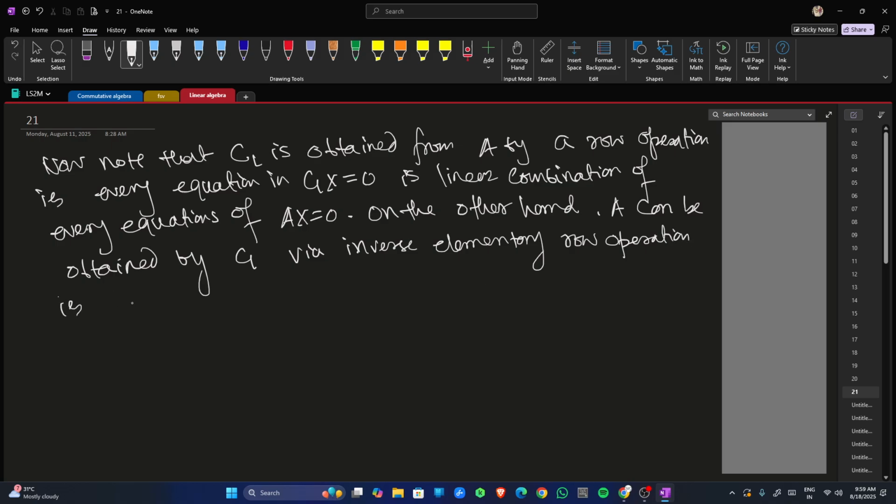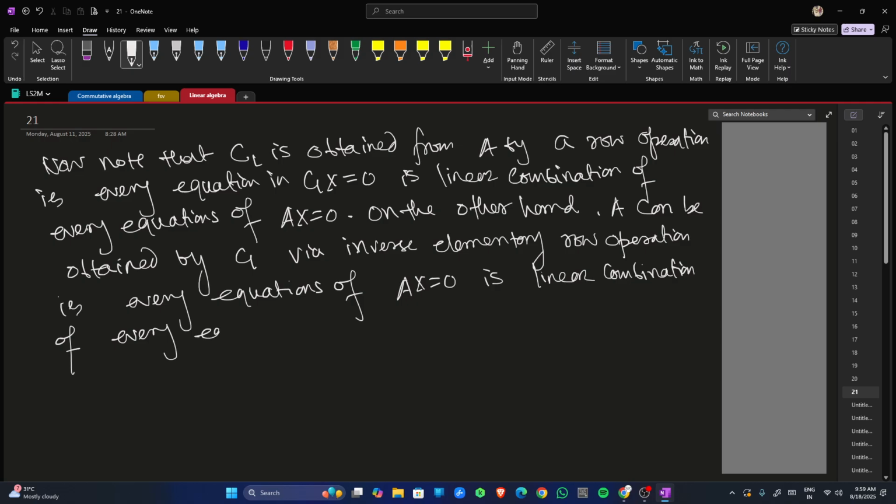That is, every equation of Ax equal to 0 is a linear combination of the equations of C1x equal to 0.